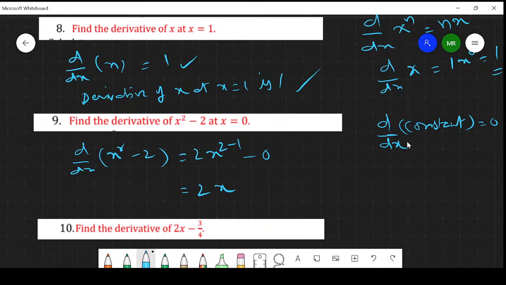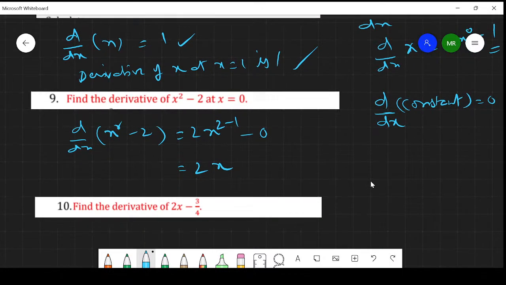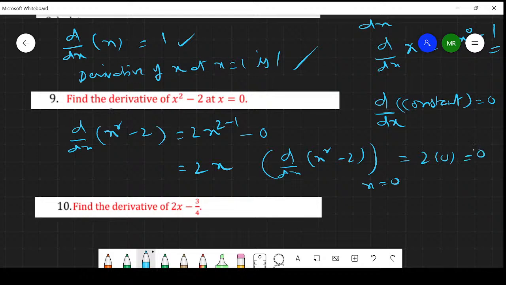But they are asking at x equal to 0. When they are asking at x equal to 0, I can write the derivative of x square minus 2, and substitute 0. 2 into 0 will be 0.